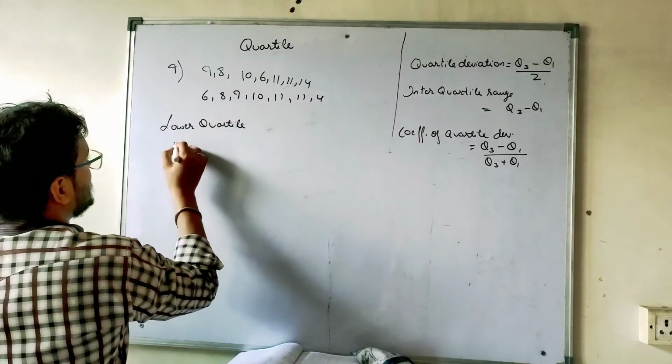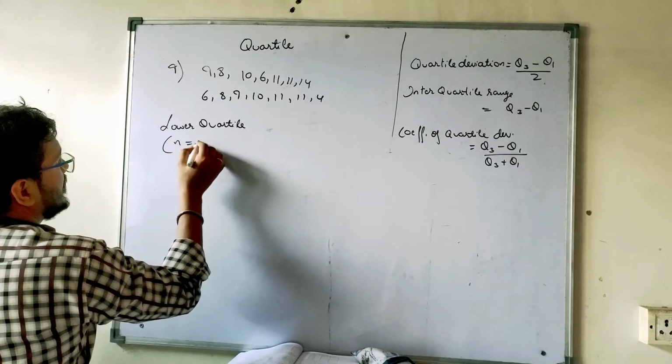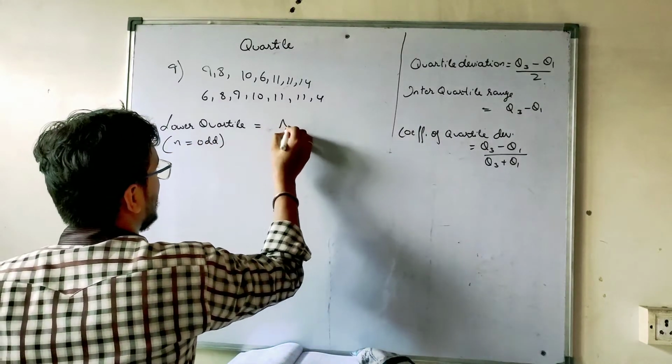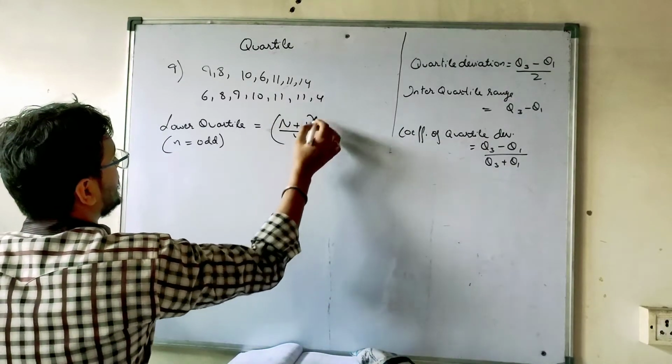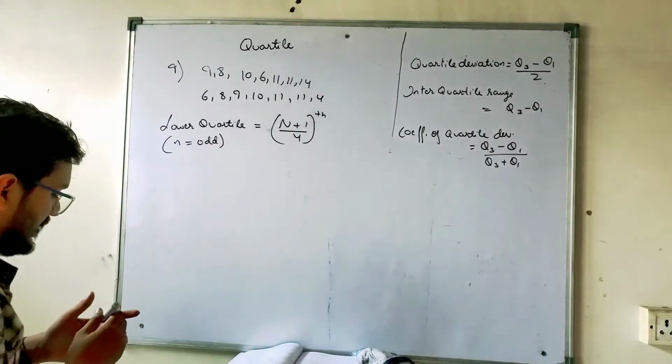When n is odd, the lower quartile formula is the (n plus 1) upon 4th term.